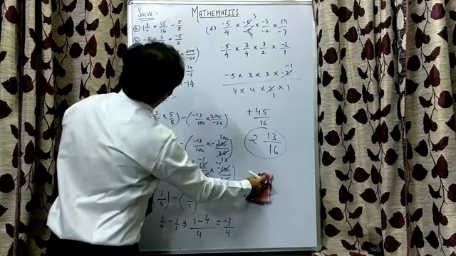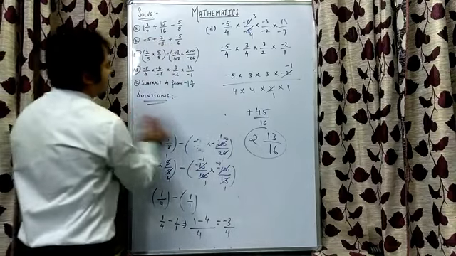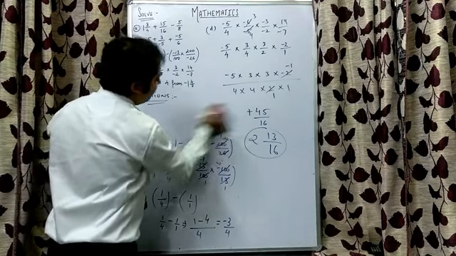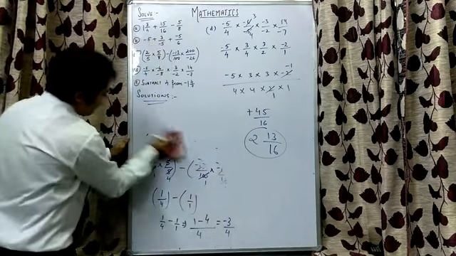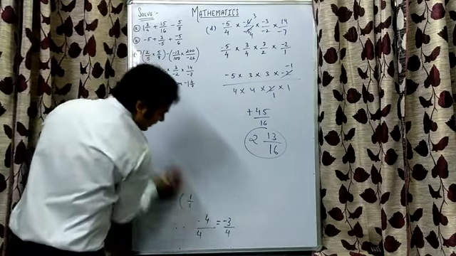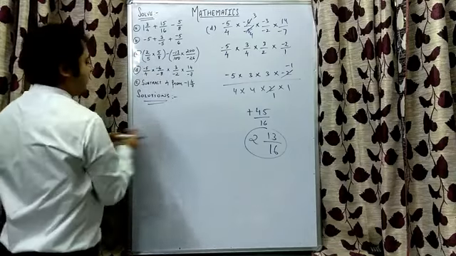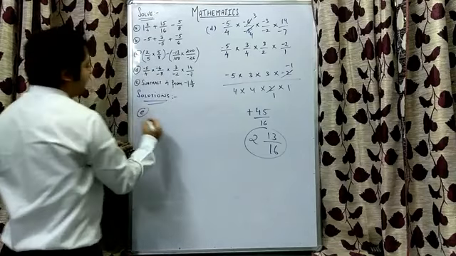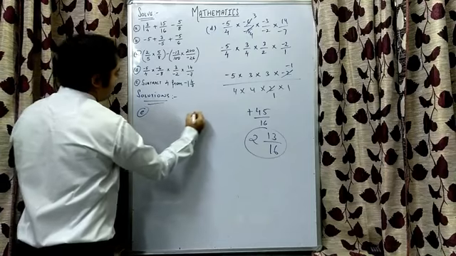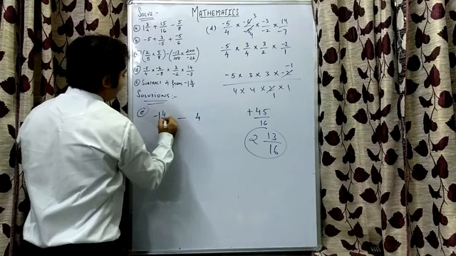Now the fifth question says we need to subtract 4 from minus 1 4 by 7. In this question, children make a lot of mistakes. Reason being, they do the opposite, right? Now we need to subtract 4 from minus 1 4 by 7.